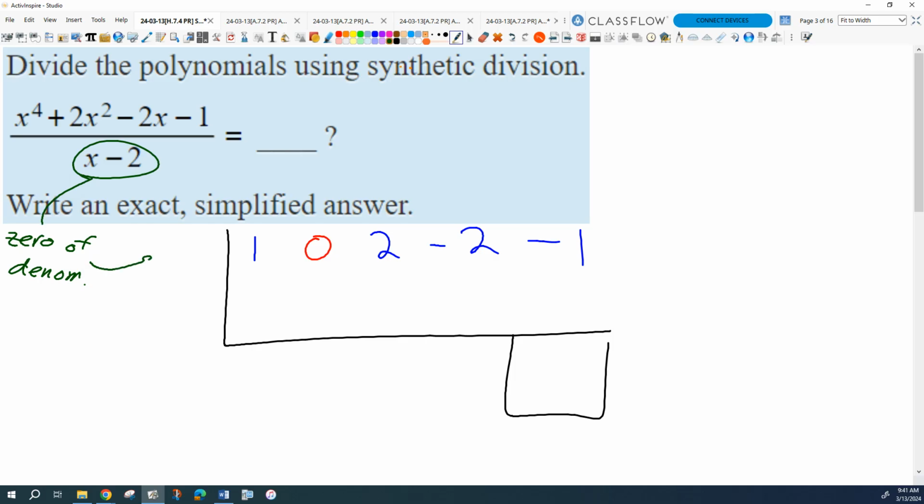The value that would make the denominator 0 is 2. And because synthetic division always has to be in the form x plus or minus some number, what's the relationship always going to be between this number right there and that number right there? Opposites. Yeah, they're always going to be opposites, aren't they? Every time. Okay, so I get a 2 out front.